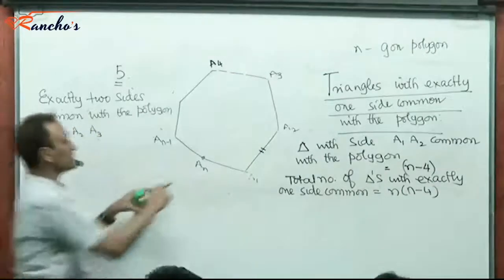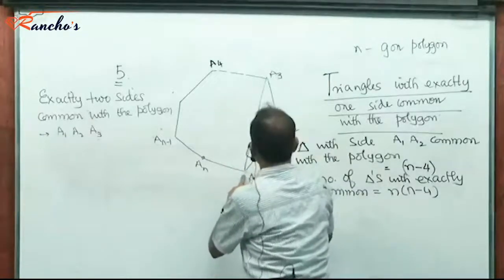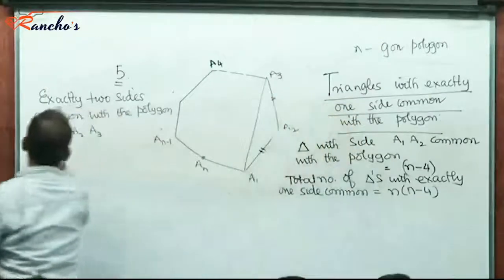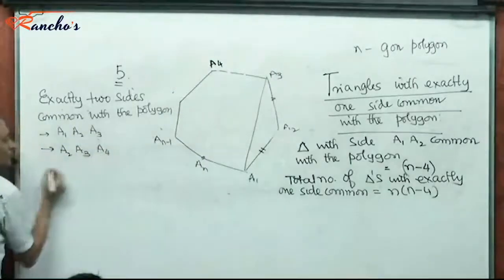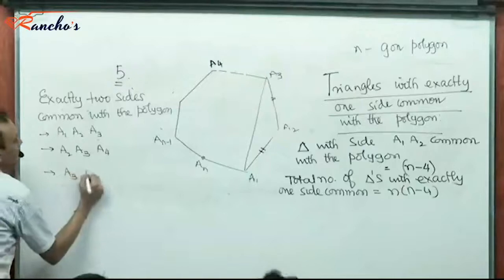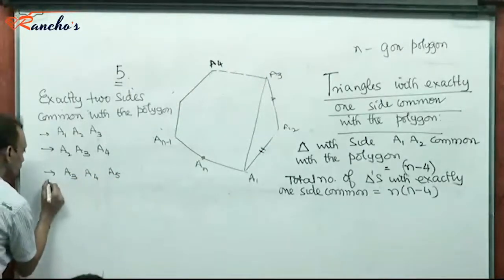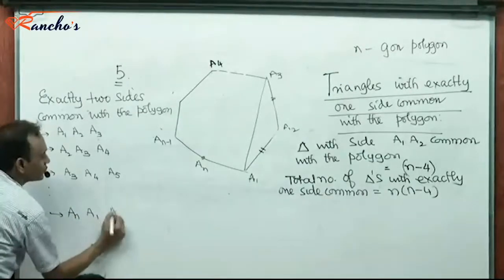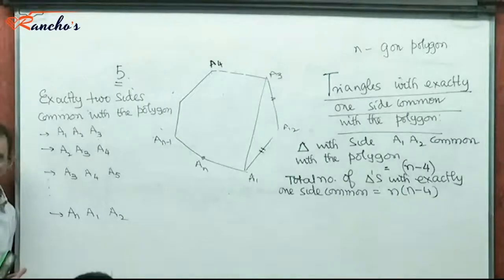It'll have two sides common with the polygon. Then you'll have a triangle A2, A3, A4. You'll have a triangle A3, A4, A5. Going this way, you'll have AN, A1, A2. These are all the triangles that you could constitute with two sides common with the polygon.